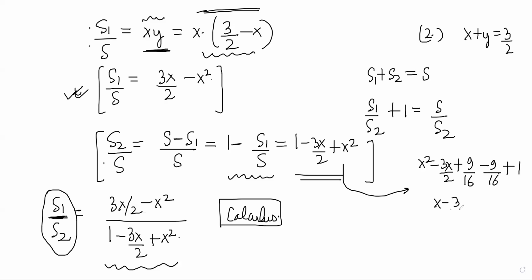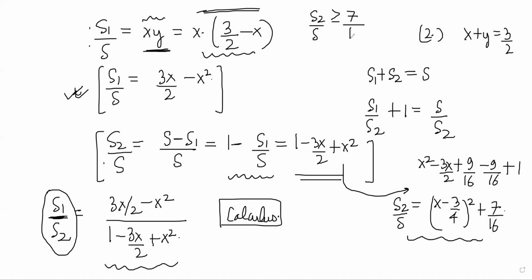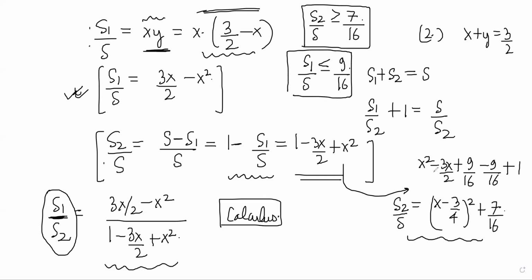So this is x minus 3 by 4 whole square plus 7 by 16. So I know that S2 by S is equal to this. So from here I can say that S2 by S is greater than equal to 7 by 16, right? And if S2 by S is greater than equal to this, then S1 by S will be less than equal to 9 by 16, right? So by completing the square, I have gotten this result.